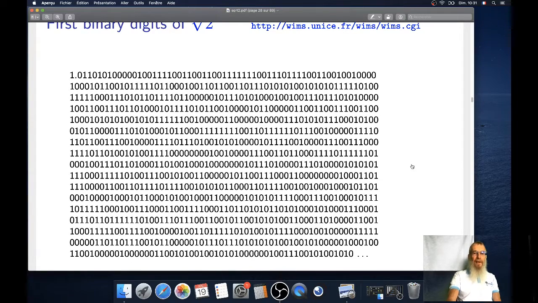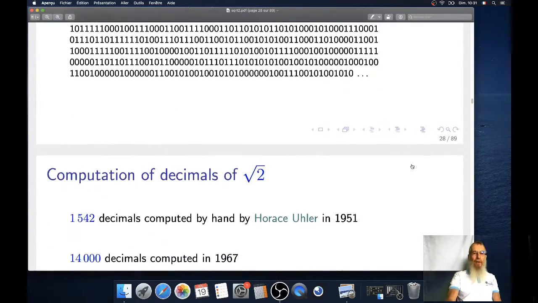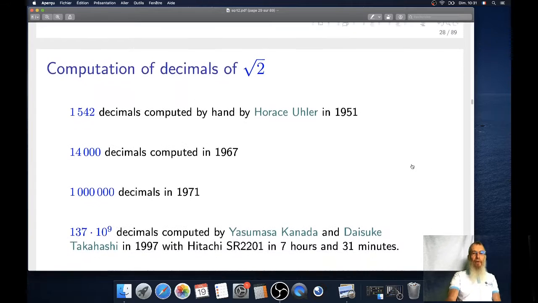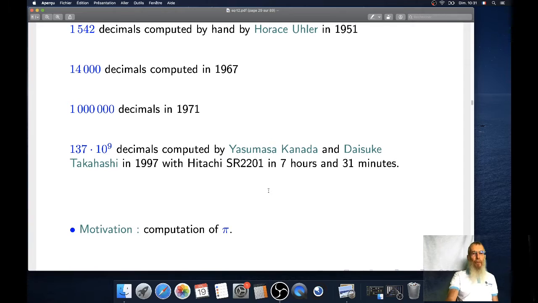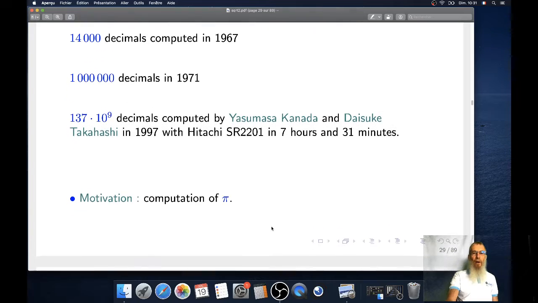We know that they are infinite, so they are not ultimately periodic. But it's almost all that we know for sure on these decimals. A lot of decimals of square root of 2 have been computed, and recently some more decimals were computed because this number square root of 2 occurs when we want to compute decimal or binary digits of the number pi.